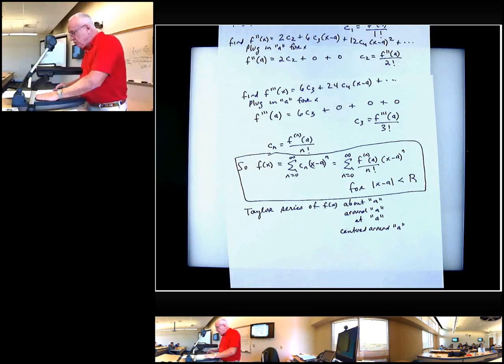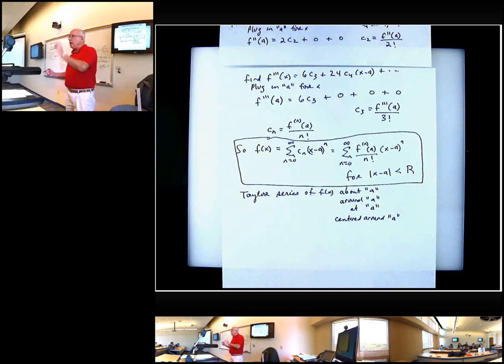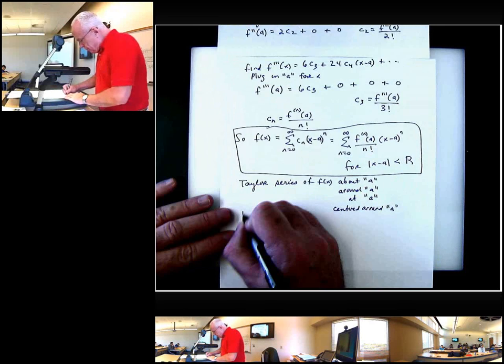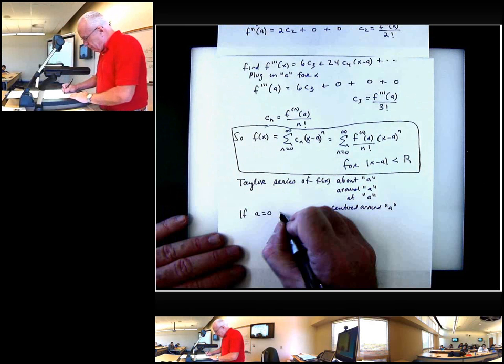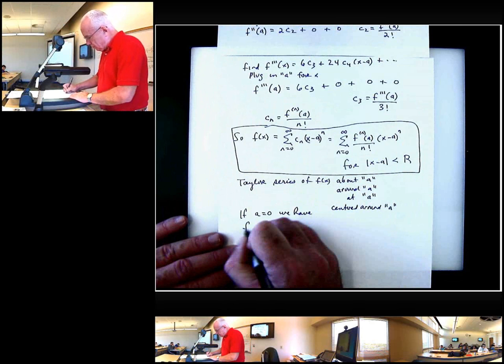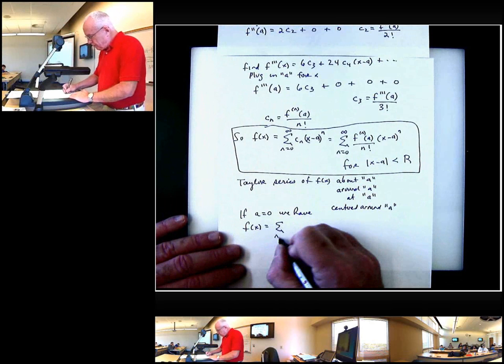Now, we have a special case of this. Instead of having a general number a, if a is equal to 0, we have what is called the Maclaurin series. So if our number a is equal to 0, then we have our f of x is equal to the summation n equals 0 to infinity.